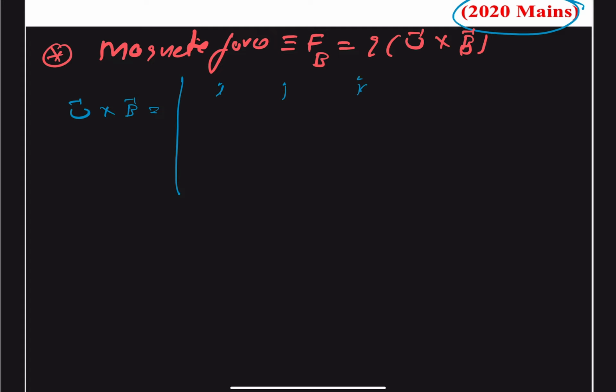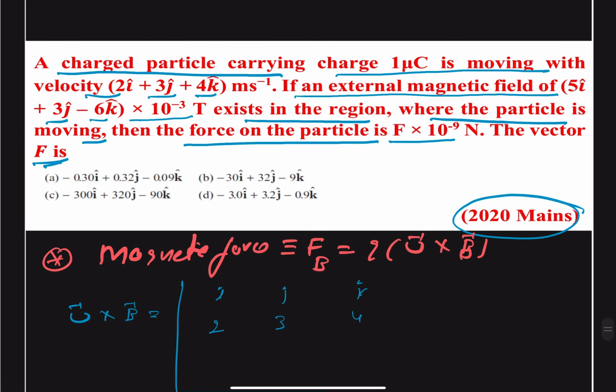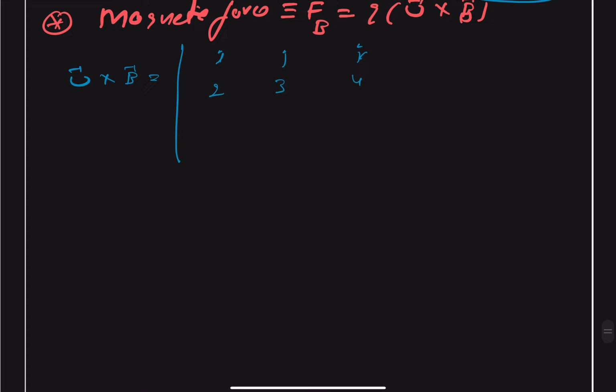We are given 2, 3 and 4, and the magnetic field is 5, 3 and minus 6, with a common factor of 10 to the power minus 3.